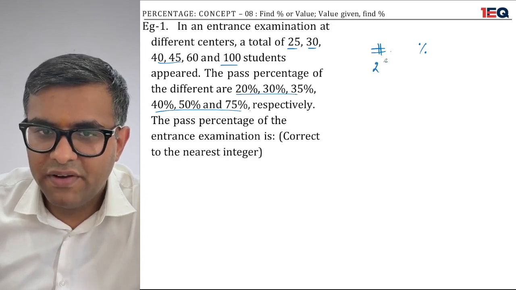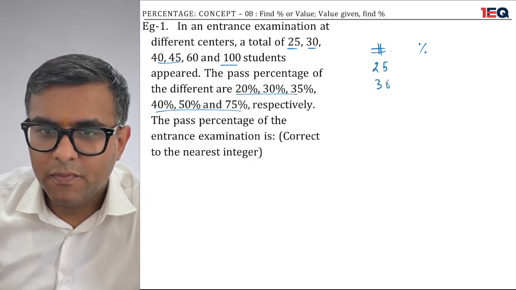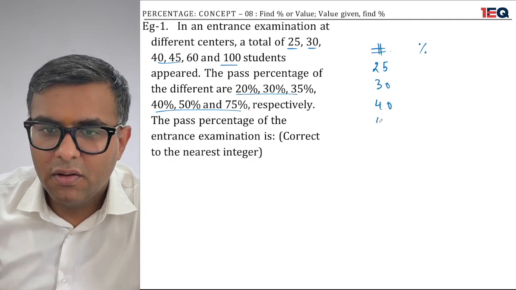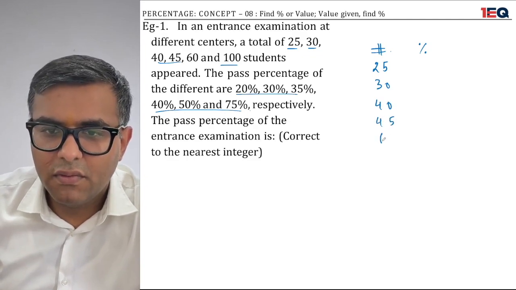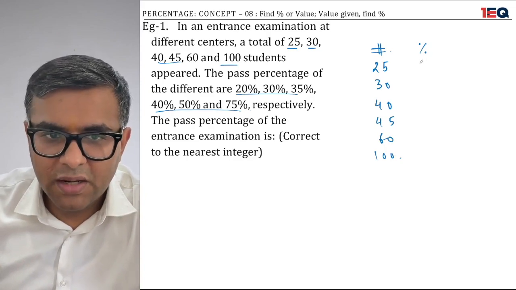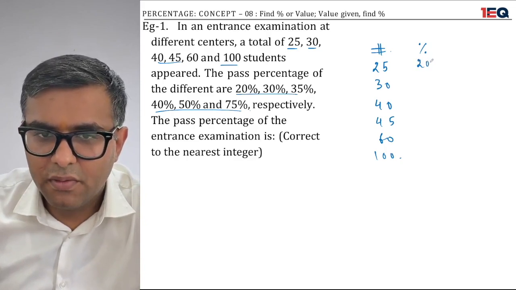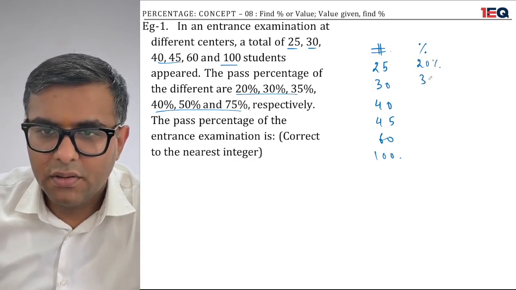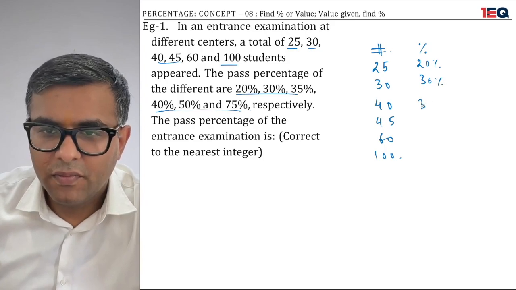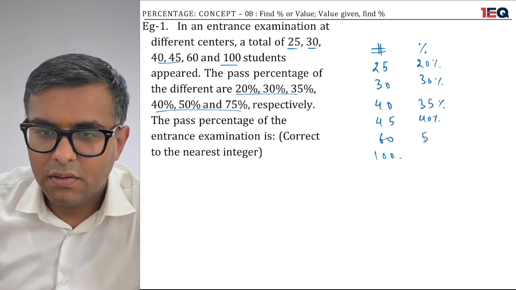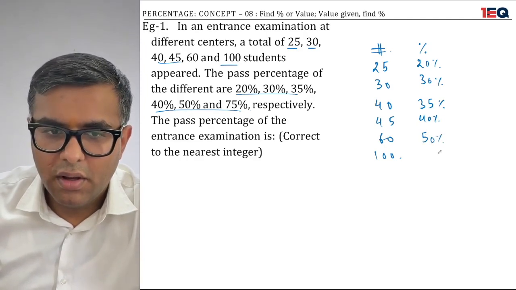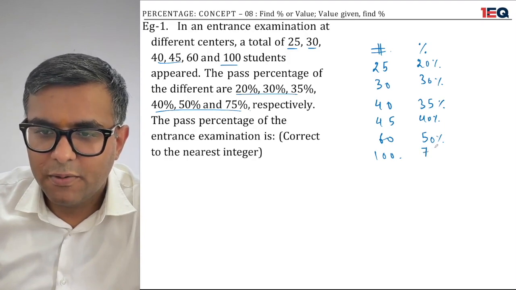So this is 25, 30, 40, 45, 60, and 100. Now here I'm going to write the respective 20%, 30%, 35%, 40%, 50%, and 75%.